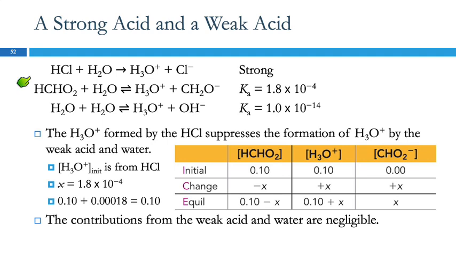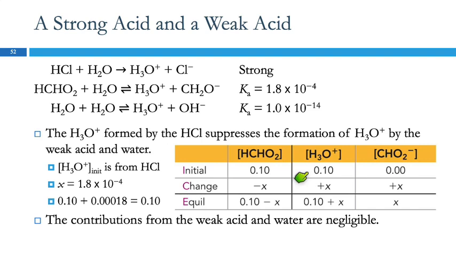So here are the three sources. We've got our strong acid, which goes all the way. We have our weak acid, and we have autoionization of water. Here, this K is super, super small. So this guy is putting out a whole bunch of hydronium ions. When we do an ICE table for that weak acid, the hydronium ion concentration is not starting at 0, because the strong acid was 0.1 molar.